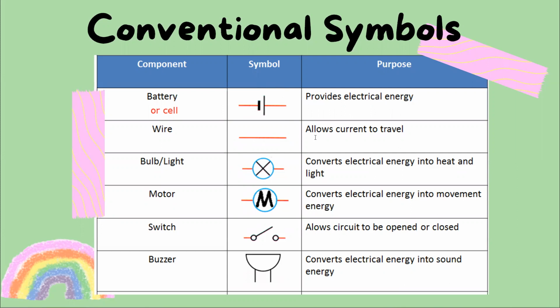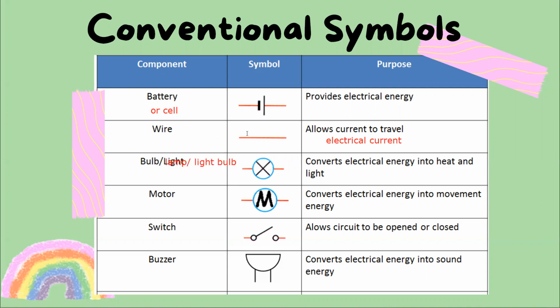The wire allows electrical current to travel. For the bulb or the light, it's not really correct, so I would change this. The bulb or lamp or light bulb.